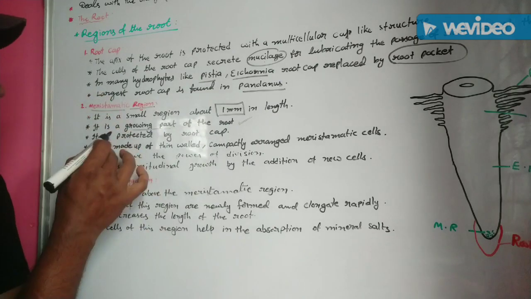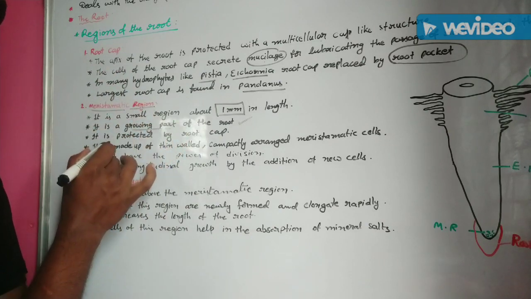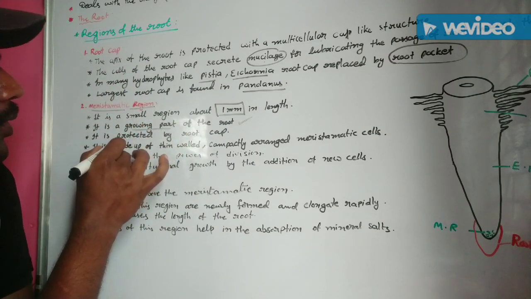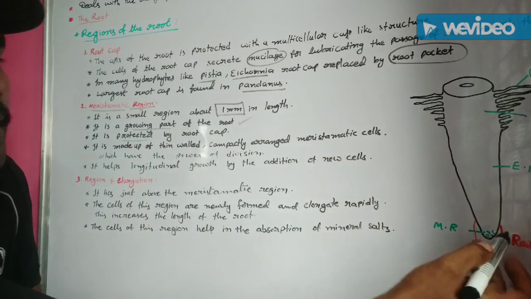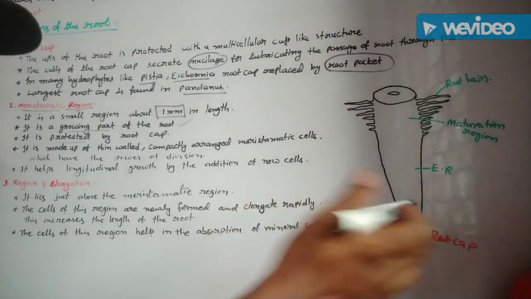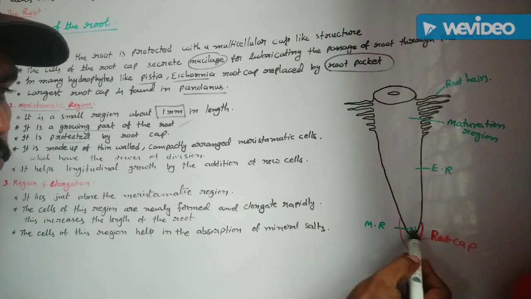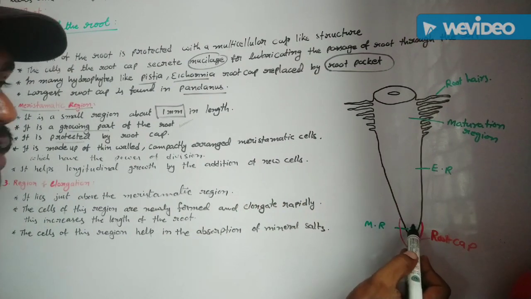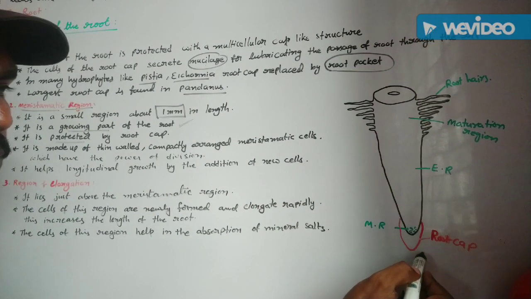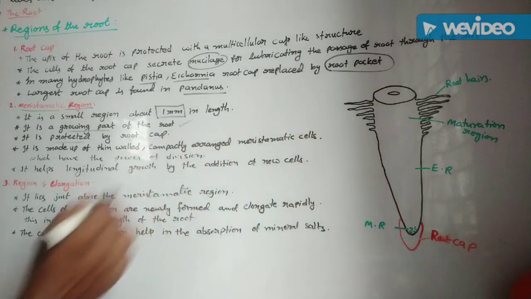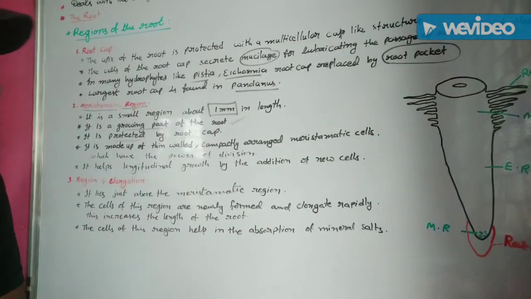Next one. This meristematic region is protected by the root cap. See this figure once. The red colored root cap protects the meristematic region. Understand? The next one.